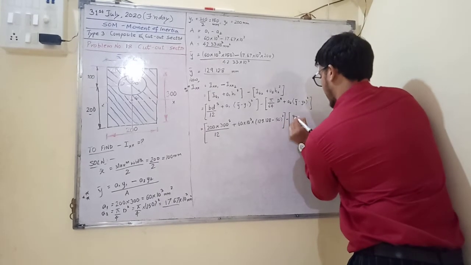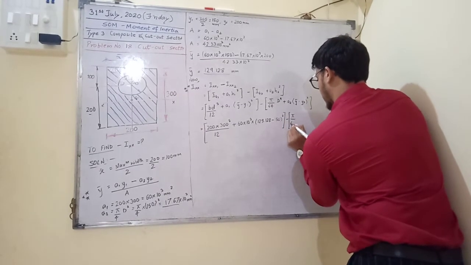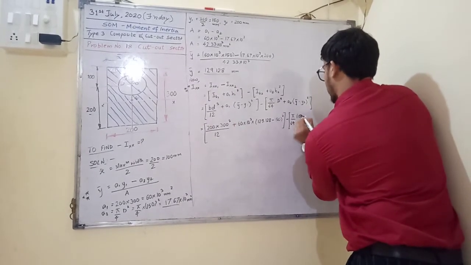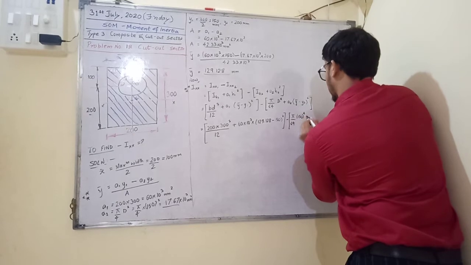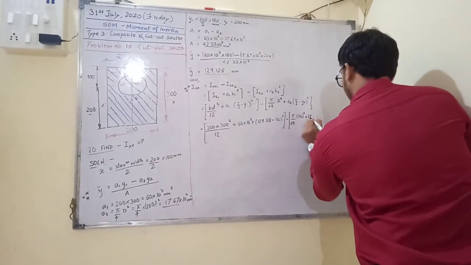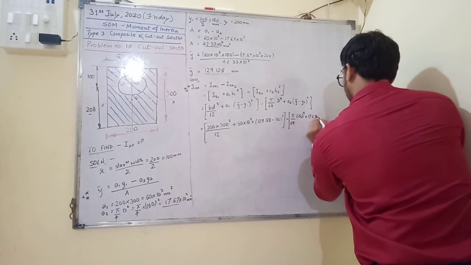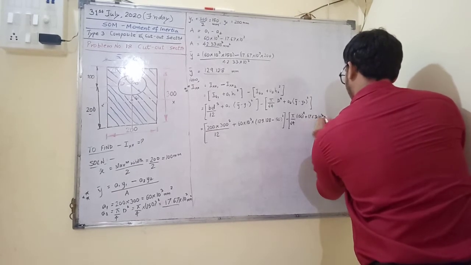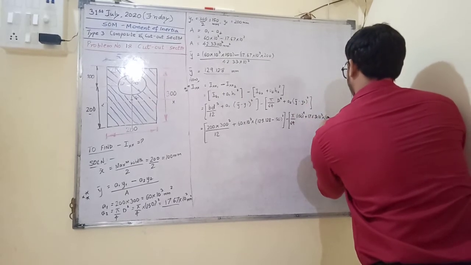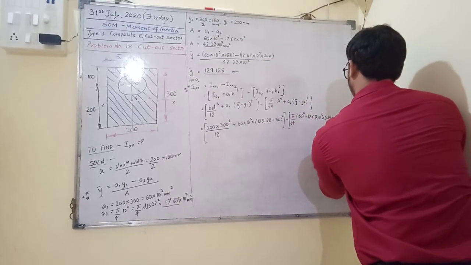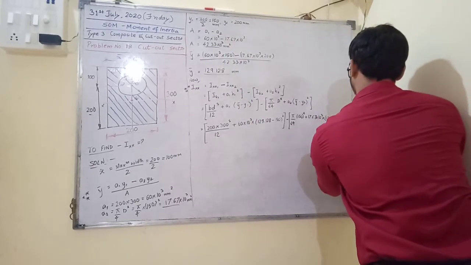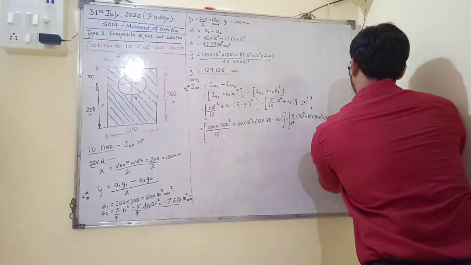Second bracket, pi by 64. Diameter of circle is 150. 150 raised to 4, plus a2. a2 was 17.67 into 10 raised to 3. y bar minus y2. y bar is 129.128. y2 is 200, square.